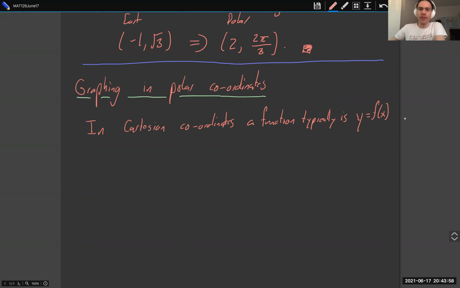Y is some function of x, right? We're used to this. So in polar coordinates, either r is going to be a function of theta or theta is going to be a function of r. Which one do you think it is?